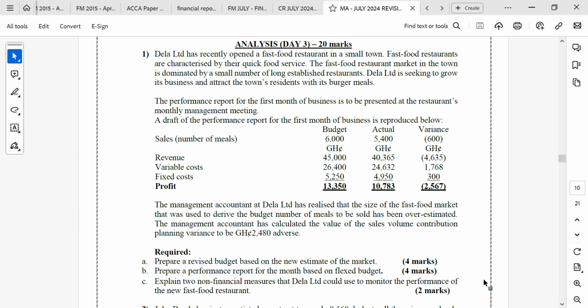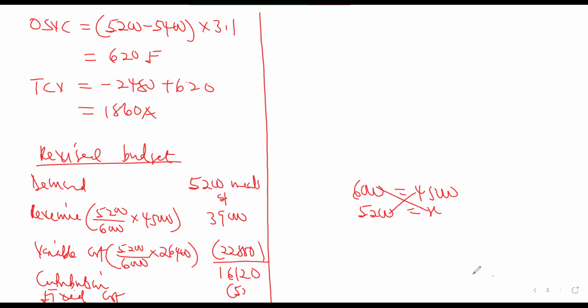Why 5,250? Because the fixed cost won't change. Okay. So the fixed cost will still be 5,250.